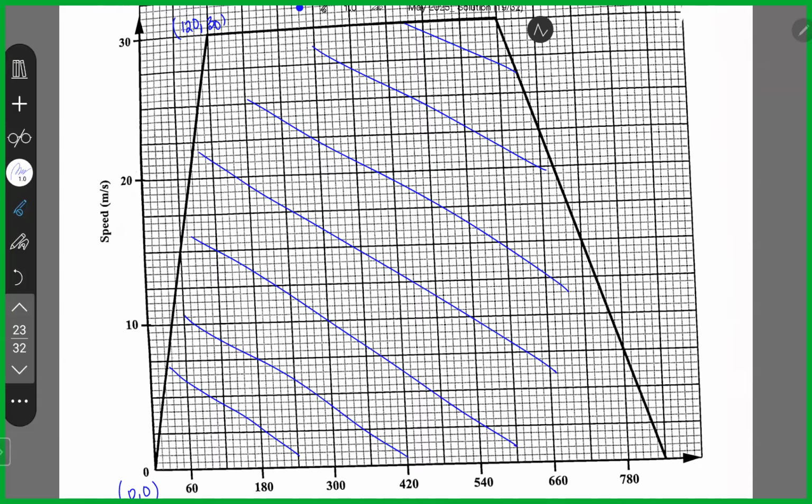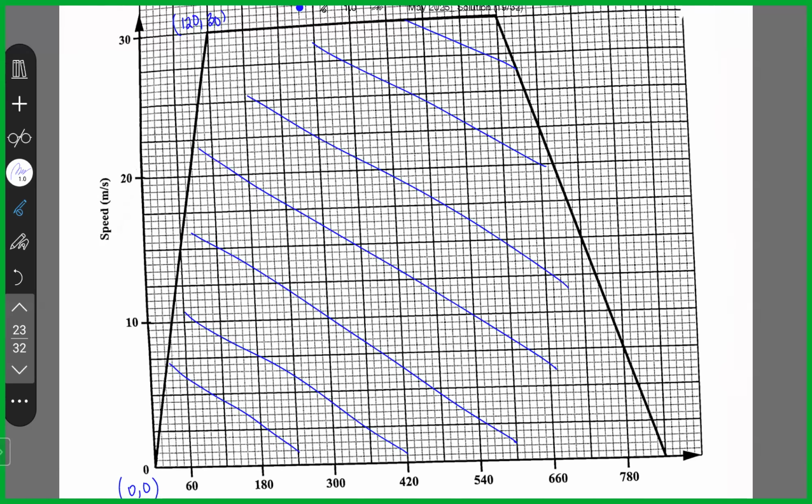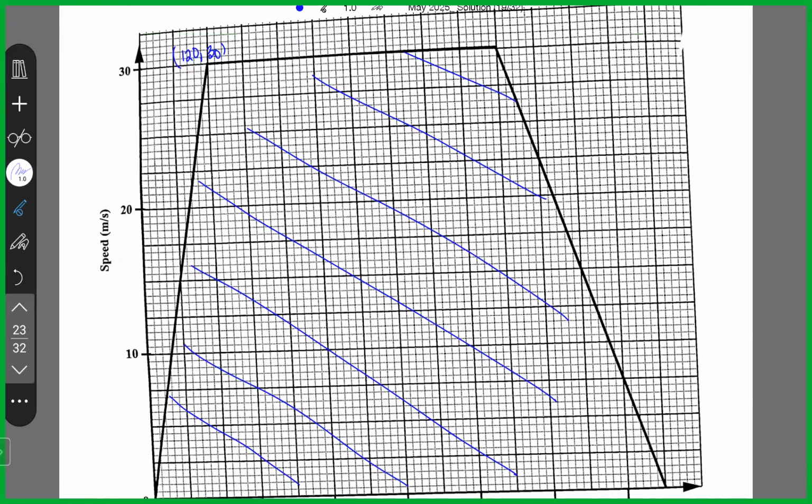For a speed time graph, area under the graph represents distance. So since this graph represents the journey from one town to the next, the area under the entire graph represents the total distance traveled. All right, so this is a trapezium.